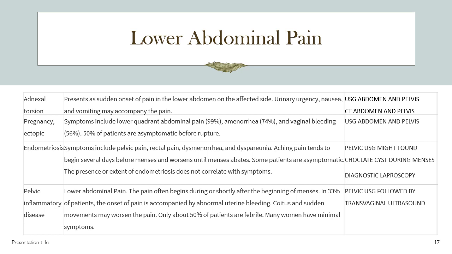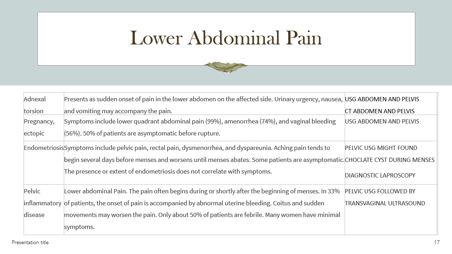Sometimes the patient remains asymptomatic, and the presence and extent of endometriosis does not correlate with the symptoms. You will first order a pelvic ultrasound followed by transvaginal ultrasound, where you might find a chocolate cyst. Diagnostic laparoscopy is the diagnostic modality of choice in these patients.